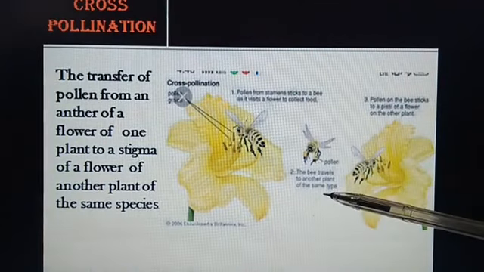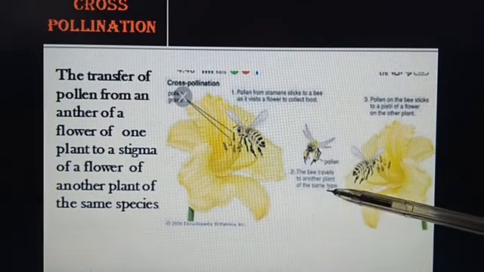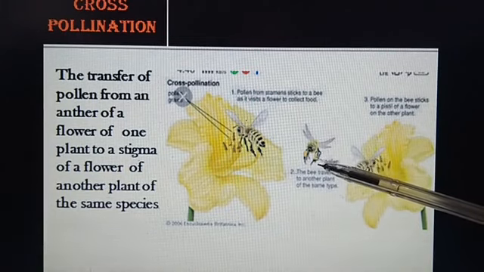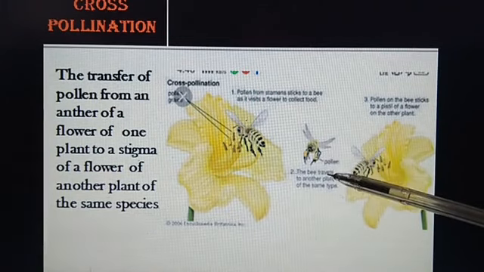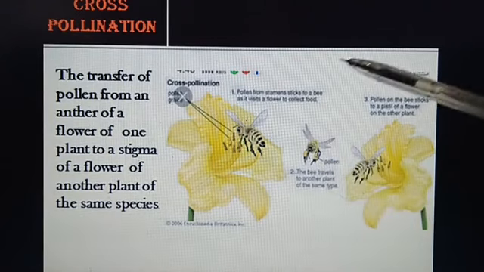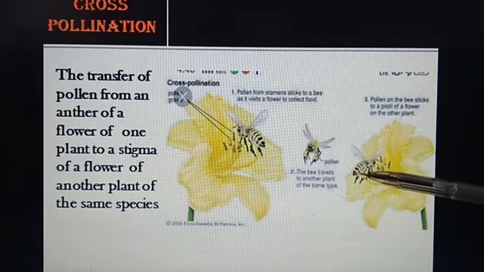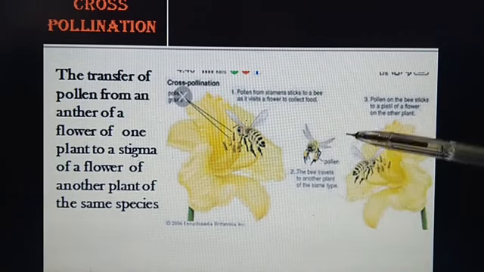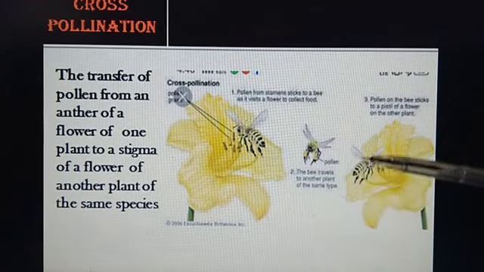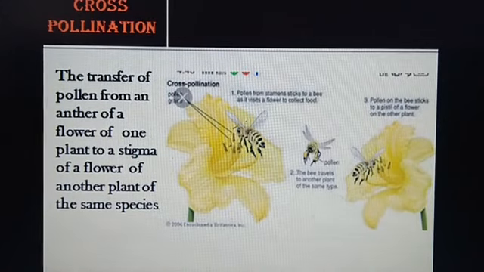This type of pollination requires carriers or agents such as insects or bees, birds, wind and water. Cross-pollination occurs in most of the flowering plants. Insects and wind are the main agents of cross-pollination. For example, apples and tulips.